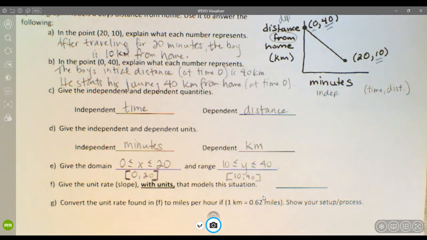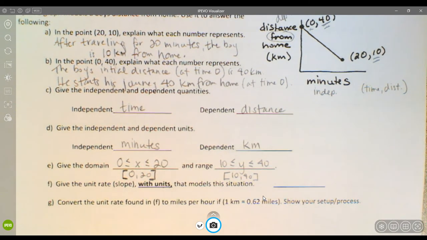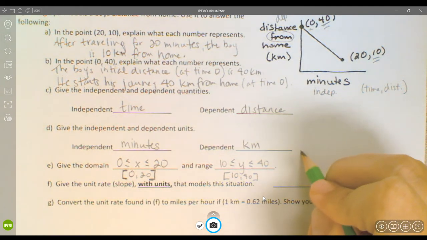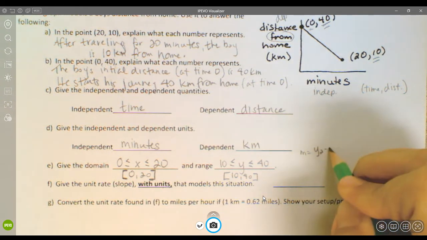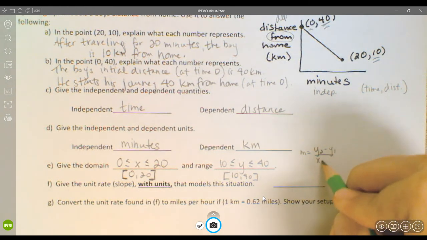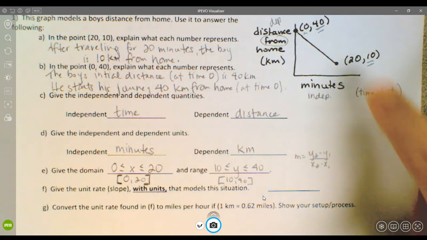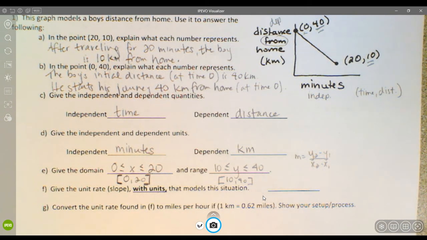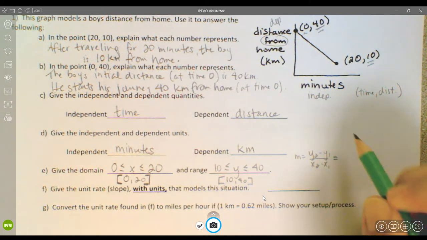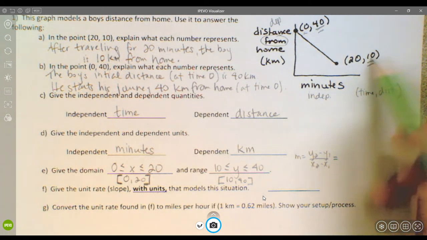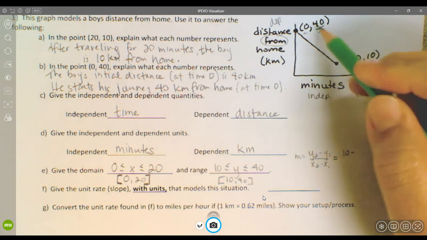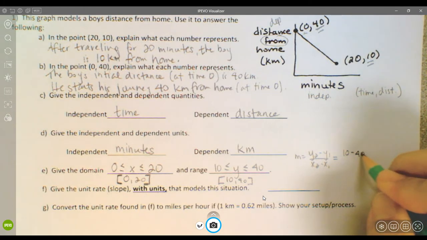Give the unit rate, the slope, with units that models the situation. So they're asking for slope, and I immediately turn to my slope formula because while I love rising and running, I prefer to do that over smaller numbers. And I honestly get mixed up with my X's and Y's all the time. So my second Y is 10. My first Y is 40.